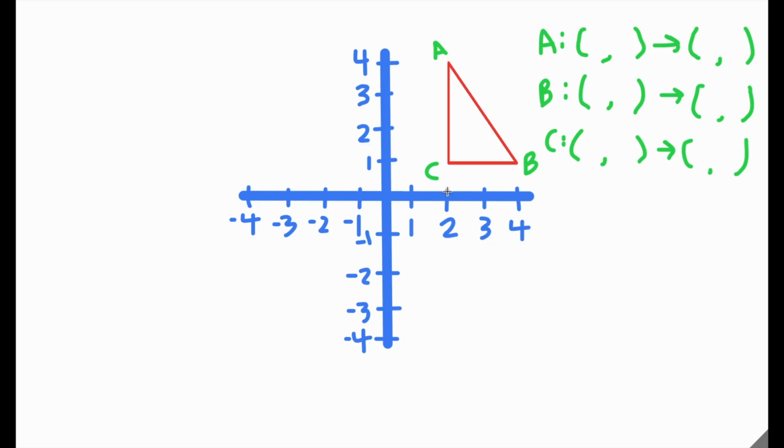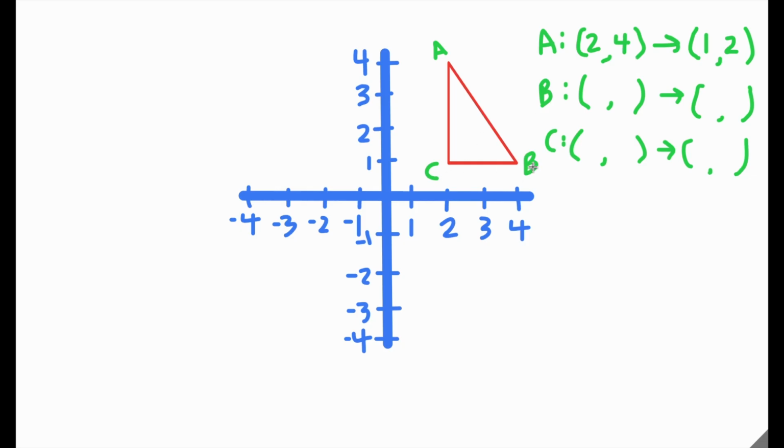On our pre-image, point A is at 2, 4. So let's write that down, 2, 4. And if we're scaling it down by a scale factor of 1/2, then it's going to become 1, 2, because we're dividing each coordinate by 2.